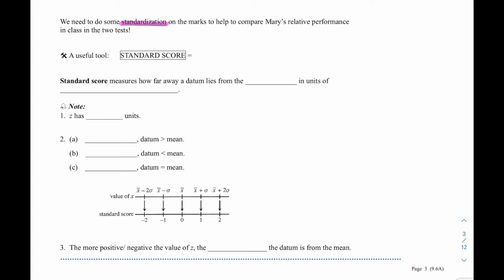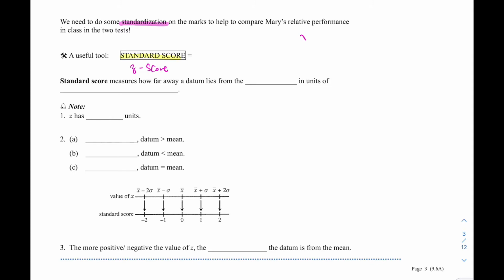Here in statistics, we have a very useful statistical tool called standard score. We also call this Z score. We usually use the letter Z to represent standard score. And when we want to calculate standard score, we have the following formula.